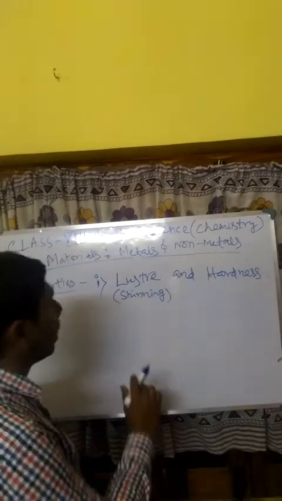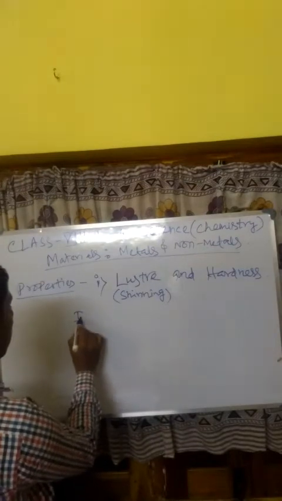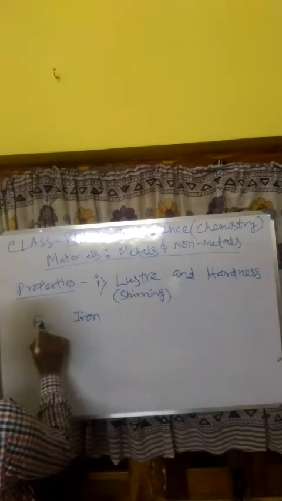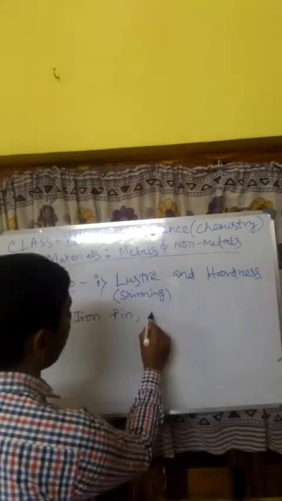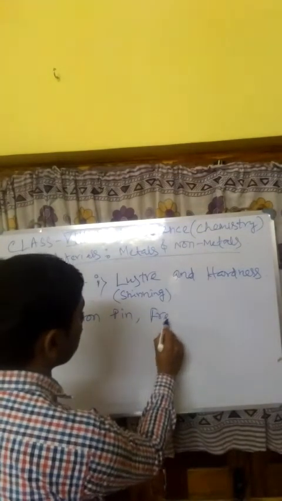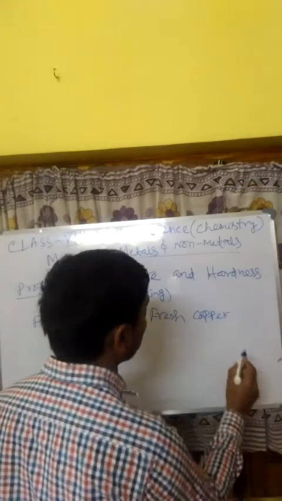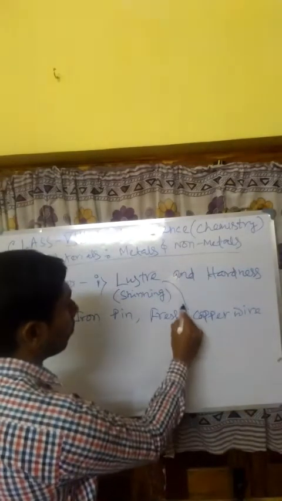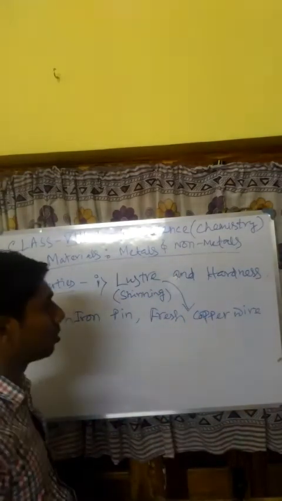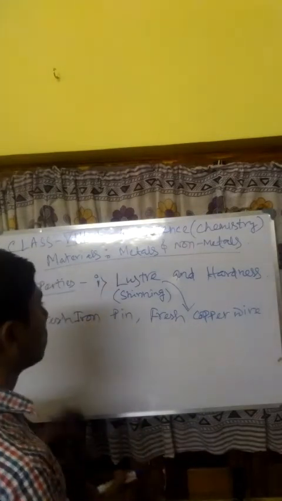So metals are lustrous and hard. If you take a fresh iron pin or fresh copper wire, then you can easily find the property of luster, right?